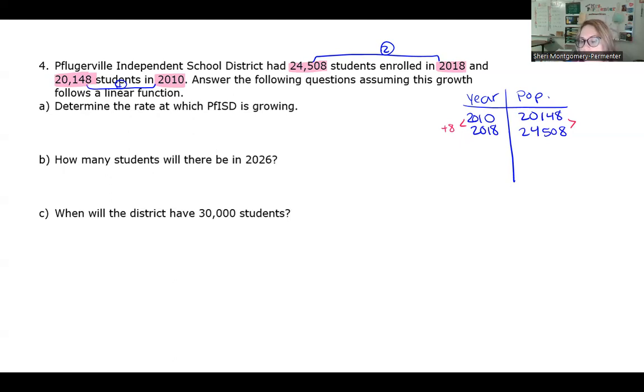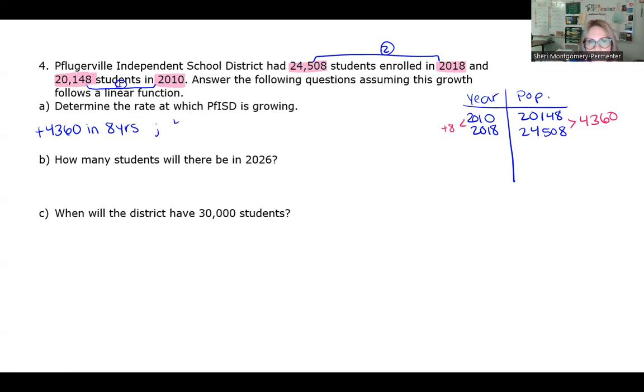So in 8 years, how much am I adding? 4,360. Okay, so I'm also going to jot that down under the rate. So I am adding 4,360 in 8 years. And now I'm going to figure out how much I add in 1 year.